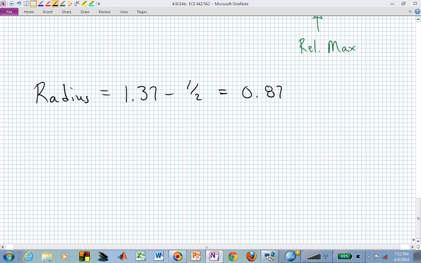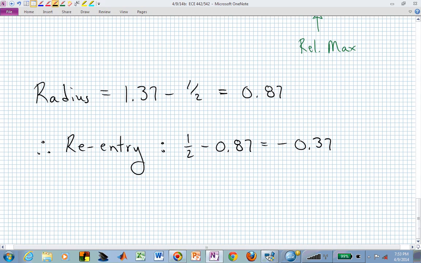If that's the radius of our circle, we know exactly where our re-entry point is, because we can follow that circle all the way around the center at 1/2, and we are going to re-enter at 1/2 minus 0.87, or minus 0.37.